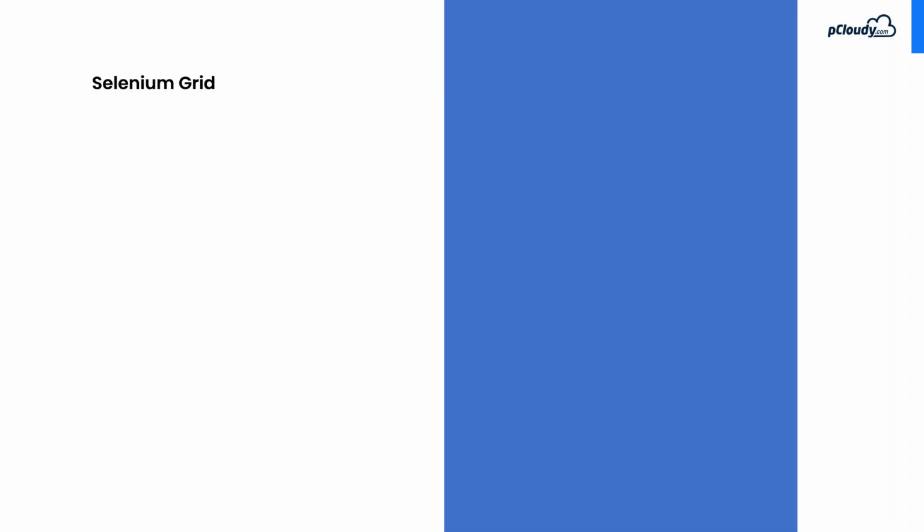When we talk about the Selenium Grid, it's one of the components which helps us in distributing the test execution. That means whenever we have to run our tests on a combination of browsers, different operating systems, or even on different machines, we can take help of Selenium Grid, and it also helps to do parallel execution.